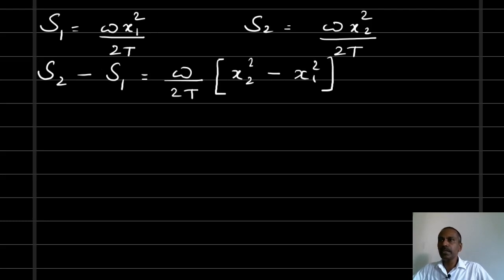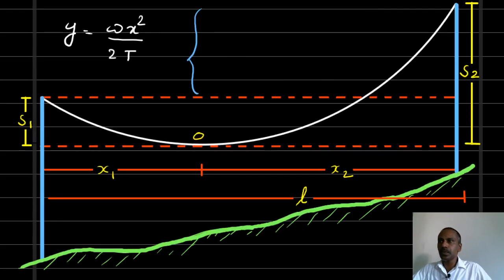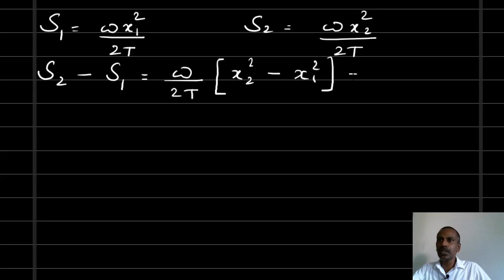If you look at this picture, both sags are represented with respect to the common point O. So the difference between S2 and S1 is this height, which is equal to h. S2 minus S1 is equal to h.